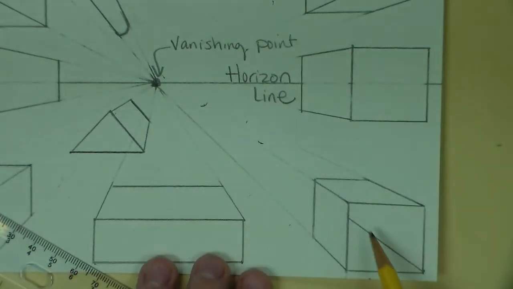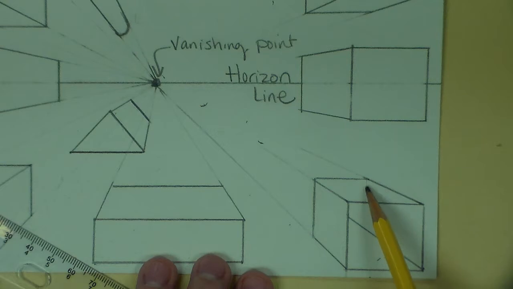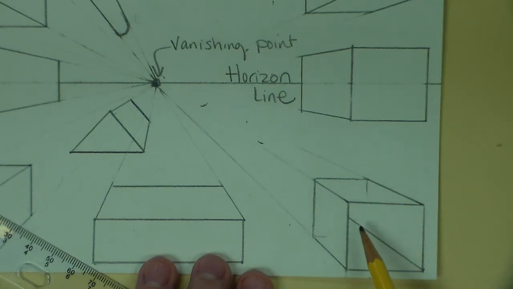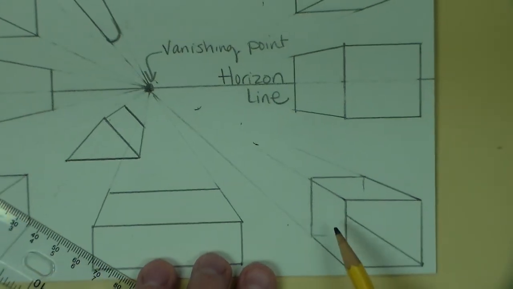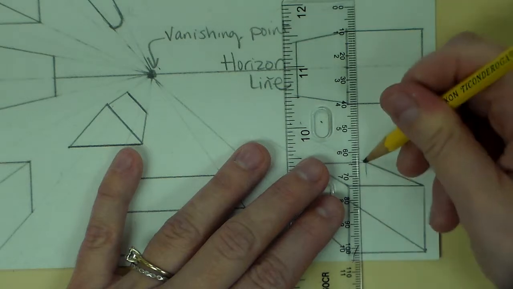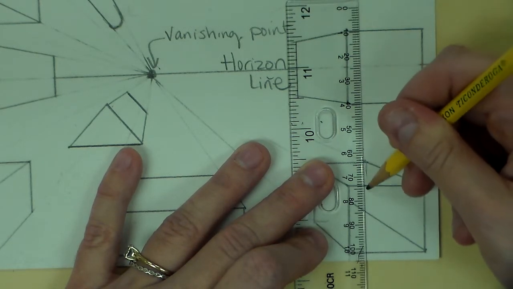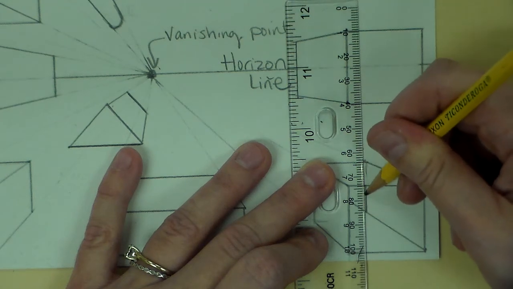Except now I can see that this looks like it's going a little too far. I can see the corner back here lines up here, and this corner lines here, which means I'm probably gonna see part of that back corner here. So to do that, I'm gonna take this back corner, I'm gonna skip the top because I'm not gonna see through the top, I'm just seeing into the box.